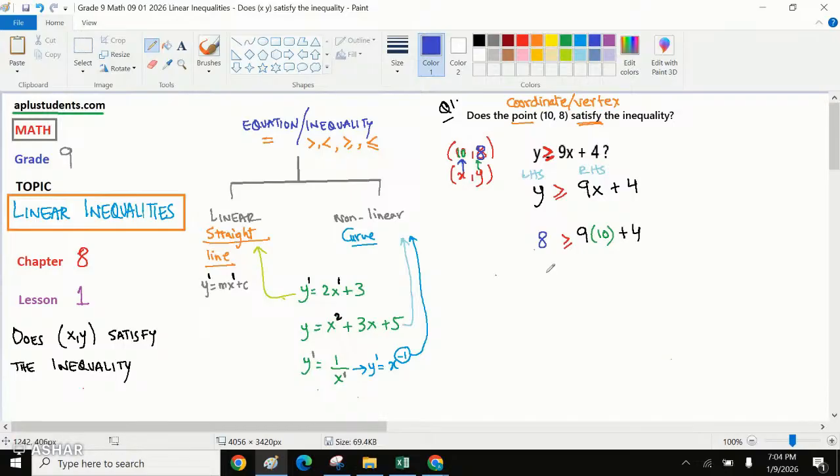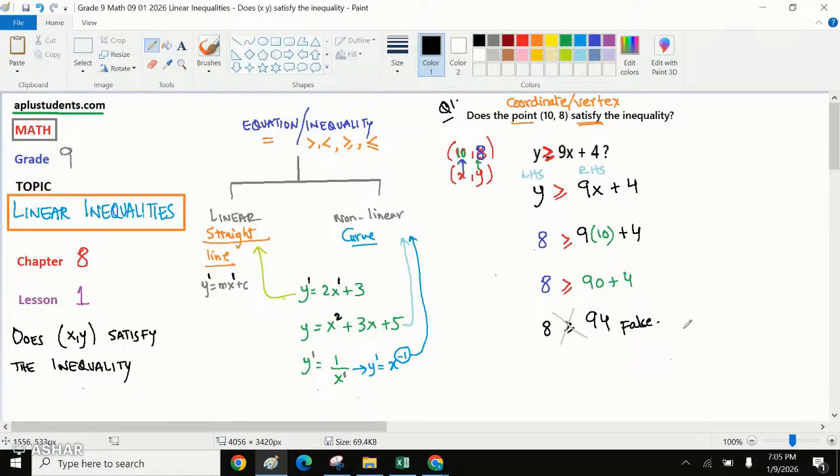So can we say 8 should be greater than 9 times 10 plus 4? So we can say that 8 should be greater than 94. Is this true or false? This statement is false, right? Because 8 cannot be greater. 8 has to be less than 94, right?